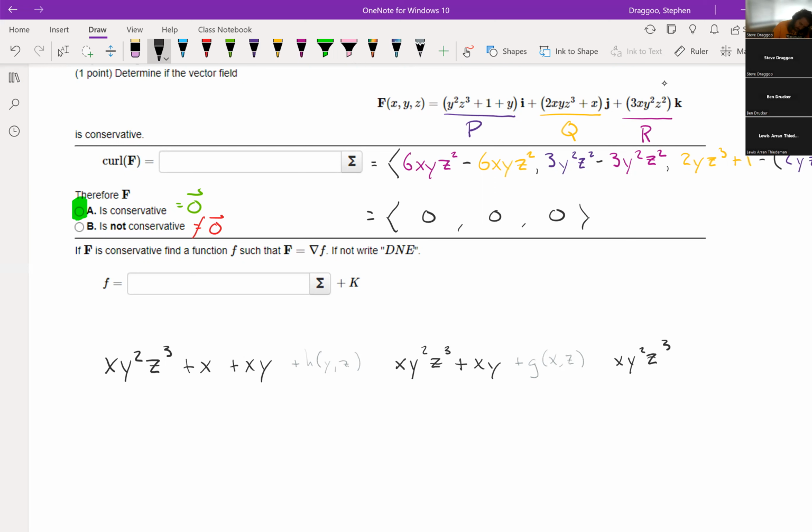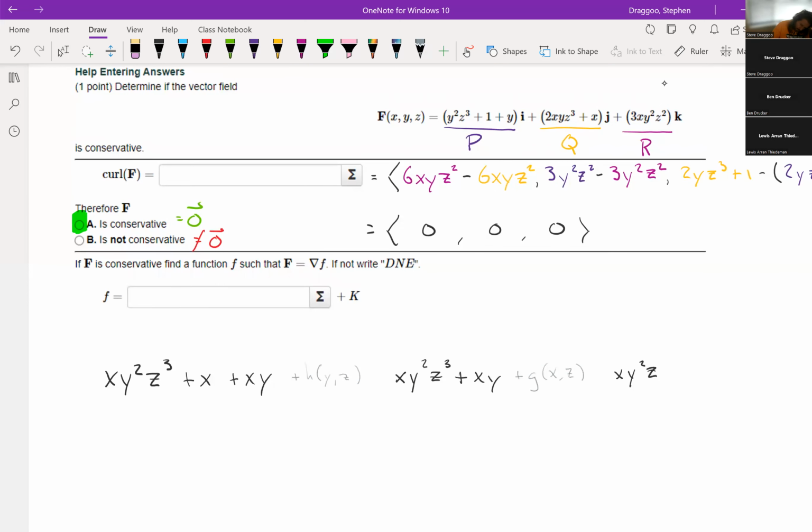That's the only term in R, so we only get one that shows up here. And again, plus some other function. I used a g, I used an h. How about j? J gets left off a lot. Call this other function j. This time, a function that might depend only on x and y.